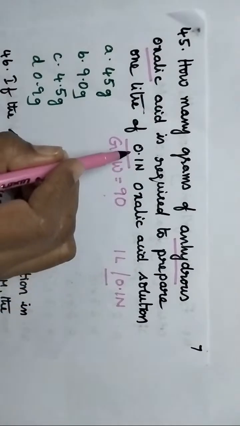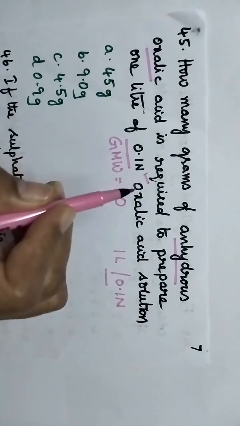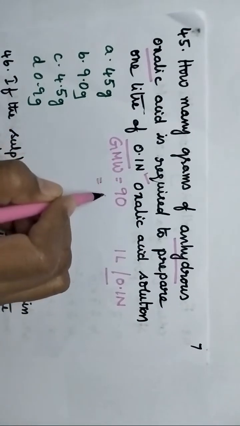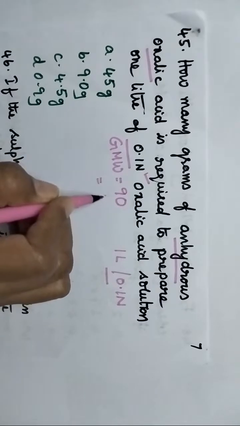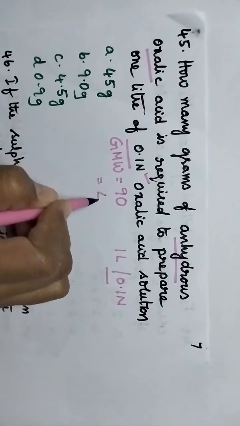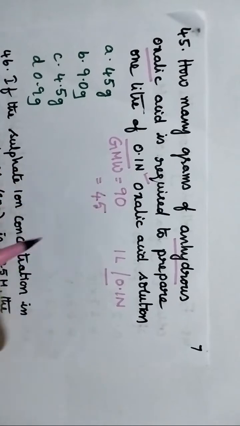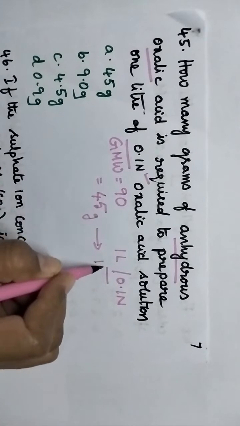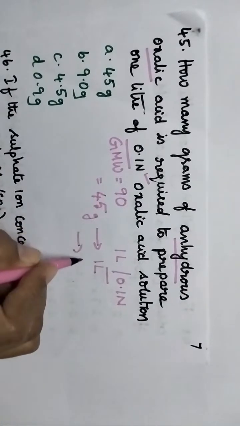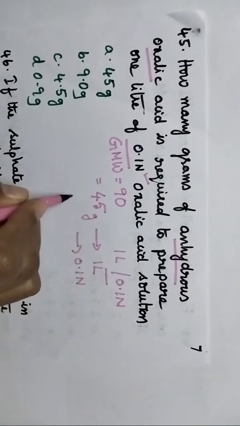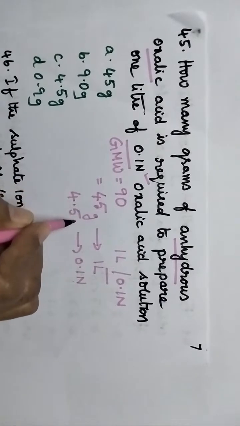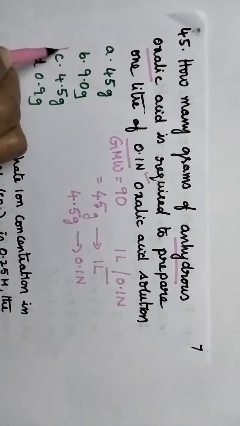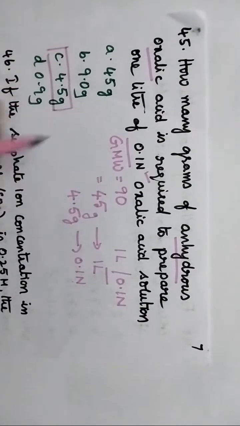To prepare 0.1 normal solution, here we have to calculate equivalent weight. So the equivalent weight is exactly half, 90 by 2, that is 45. So 45 grams of oxalic acid is required to prepare 1 liter solution of 1 normal. So in order to prepare 0.1 normal solution, we require only 4.5 grams. So that's why option C is the right answer, 4.5 grams.